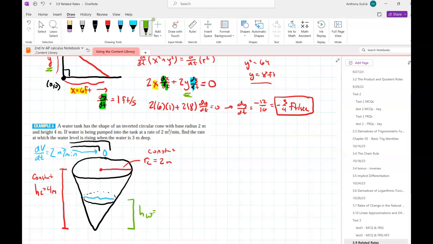So I'm going to call this H sub W. We don't know how fast it changes, and we're looking for that. And let's designate this: we don't know what the radius of the water is, but that also changes with time. We don't know what that change is going to be either, right?